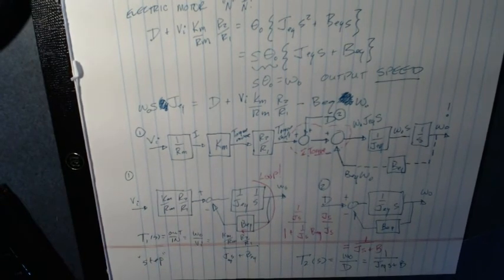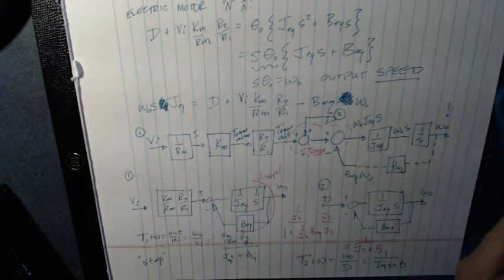I've given you some numbers that go along with those, and so what I'd like you to do is see what the response for a unit step input is for both of those inputs. Okay.